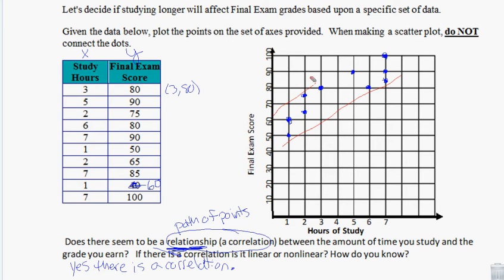The path of the points is linear. So we'll say it's linear. And the reason why is because it's following a straight line.